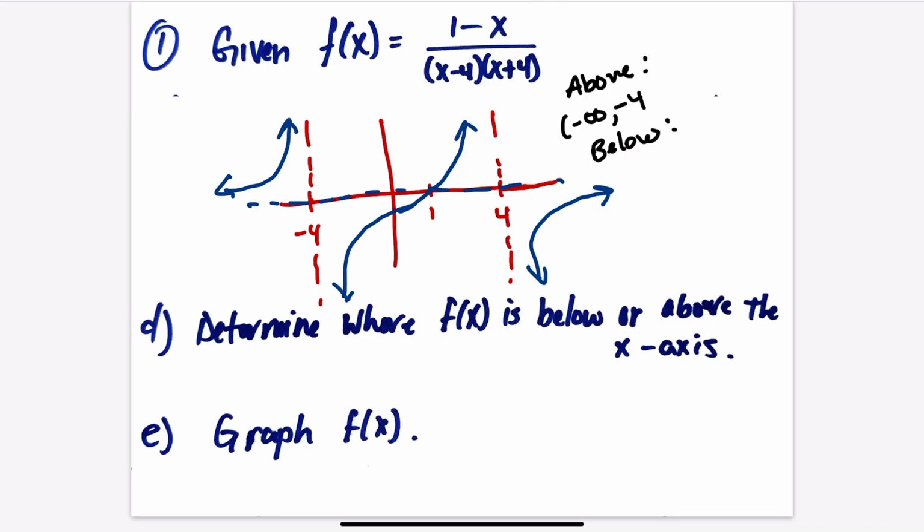Okay, and then union, and then 1 to 4 was above, right? So the 1 to 4 is the fact that it was here, but it's stopped by this asymptote. And then below, it's going to be -4 to 1, and then union 4 to infinity. And that should be it.